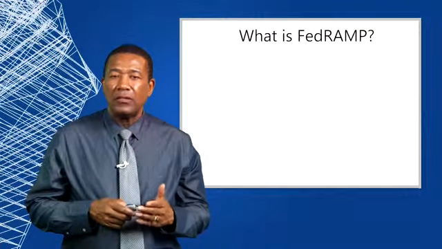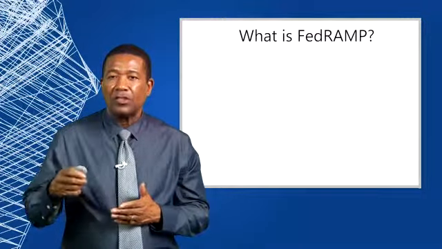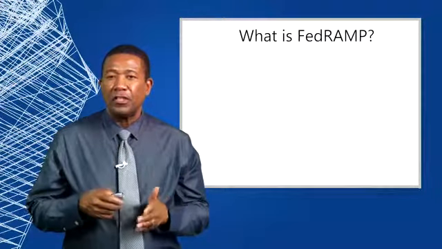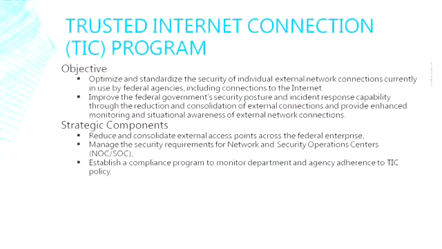Its components include the reduction and consolidation of external access points, the management of security requirements for network and security operations centers, and the establishment of a compliance program to monitor department and agency adherence to TIC policy.